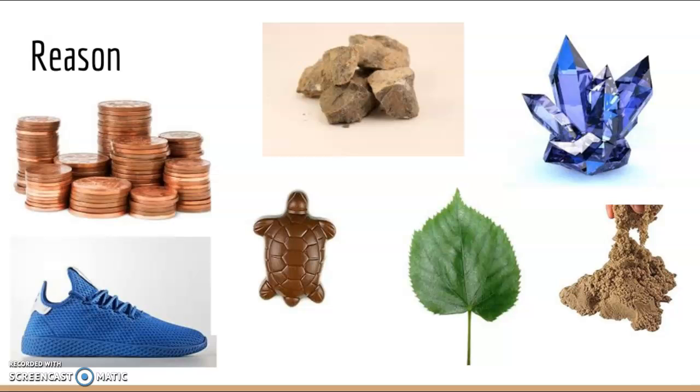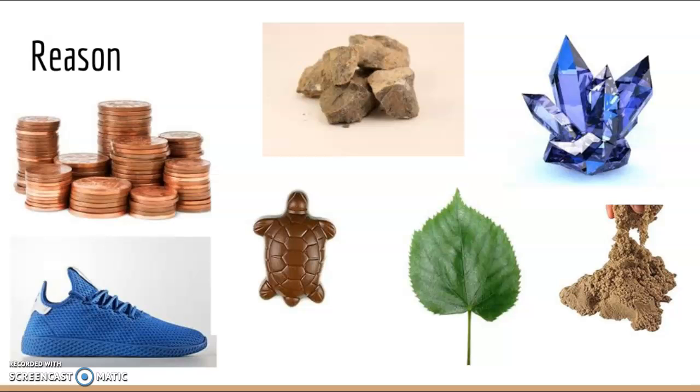The molecules are really hard to separate. And the molecules are compacted really close together, right next to each other, and that's solid. So solids have a fixed shape, meaning I can't change the shape, right? If I take that chocolate turtle, it's still a chocolate turtle, whether I put it in a glass or put it somewhere.